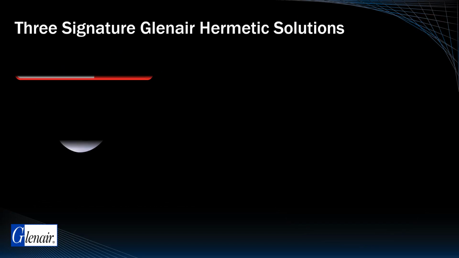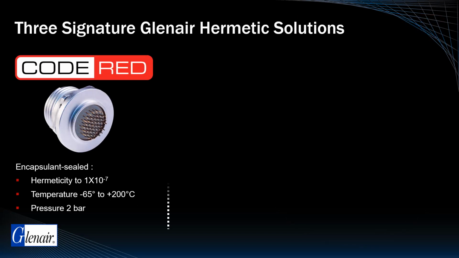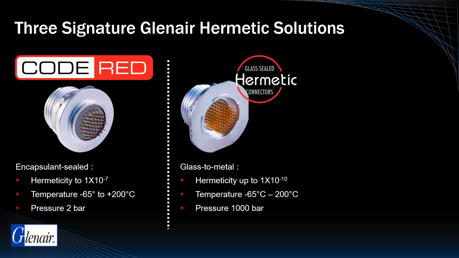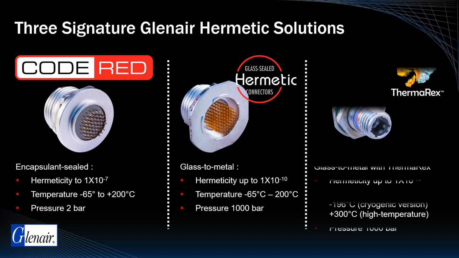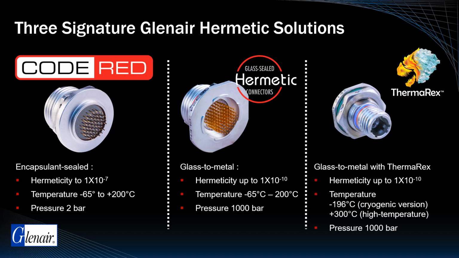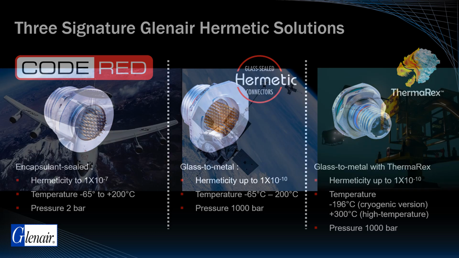Code Red is currently produced exclusively in our Glendale factory. Glass-to-metal seal designs are now produced in both EU and North American factories. Thermorex hermetics, with their special cryogenic and high-temperature attributes, are also exclusive to North America.